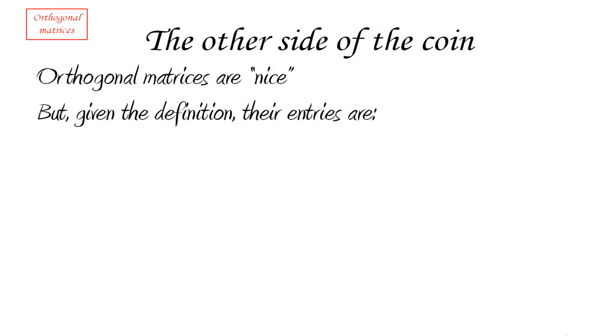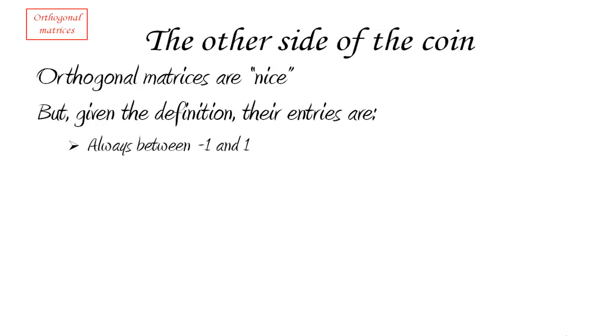The fact that the inverse of an orthogonal matrix is just its transpose is a very nice property. Besides, again, all the columns form a nice orthonormal basis, so everything is fine and dandy. But there is another side of the coin, and it has to do with the entries that make up an orthogonal matrix. They're nice from the point of view of properties, but they look ugly. Given the definition, the entries of an orthogonal matrix have to always be between -1 and 1.